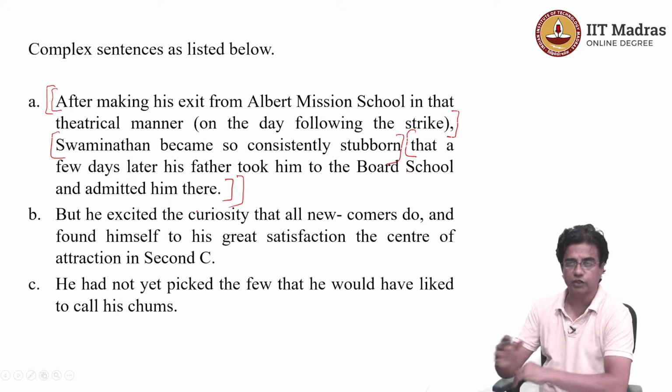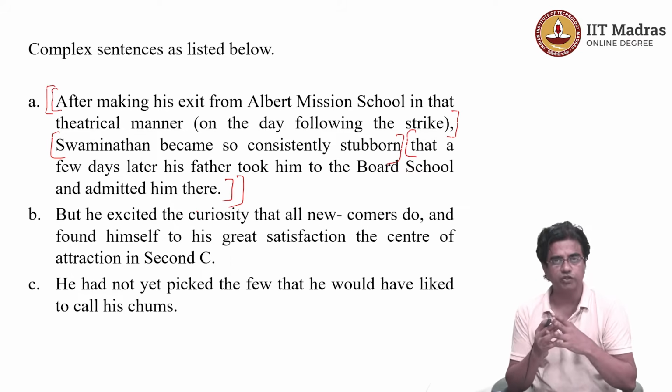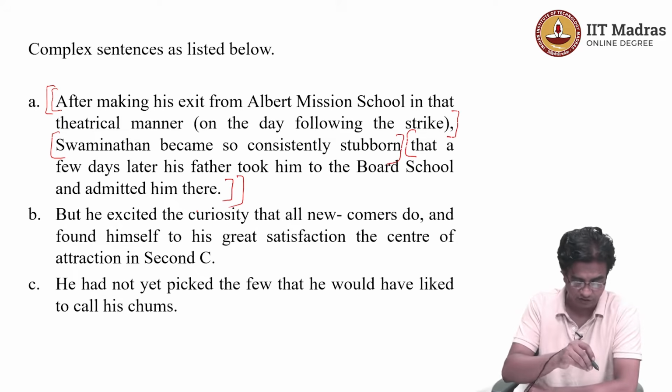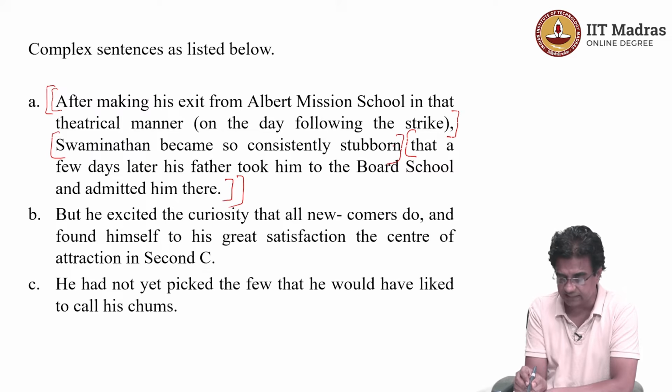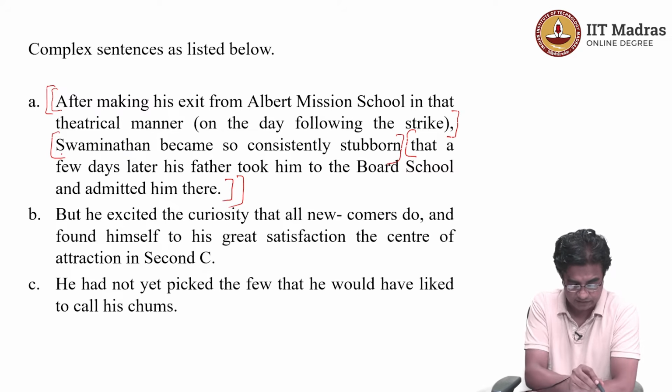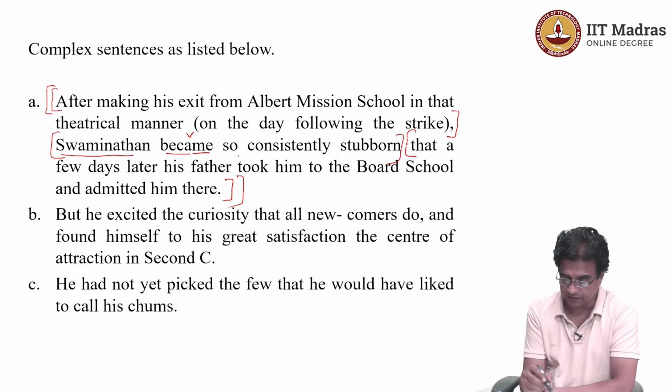So you see lots of things in this, and if you need to identify the main clause in this, it is Swaminathan became so consistently stubborn, meaning Swaminathan is the subject of the sentence, became is the verb, and Swaminathan became what? It's a transitive verb, so stubborn. Consistently is an adverb to this verb.